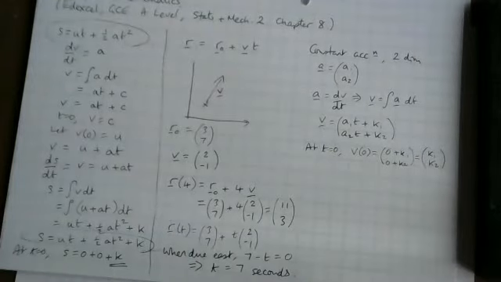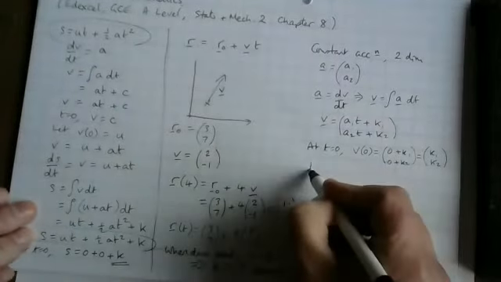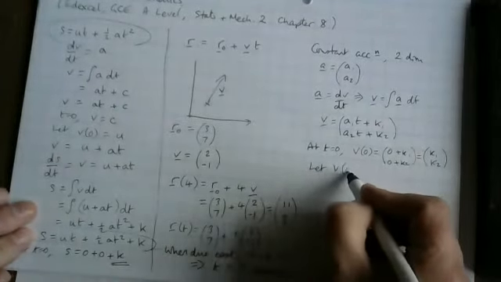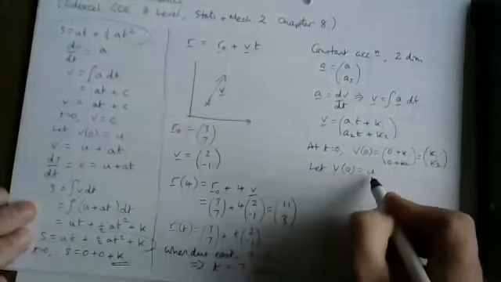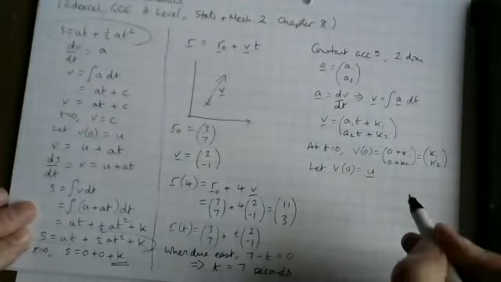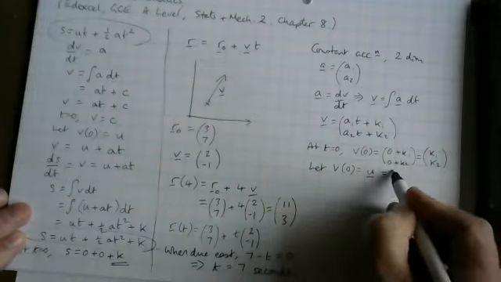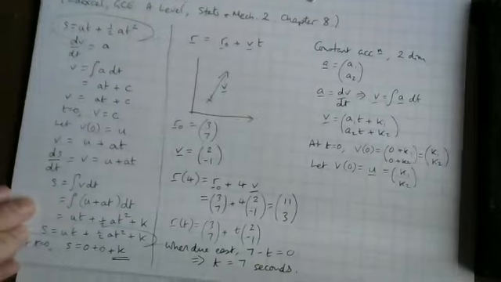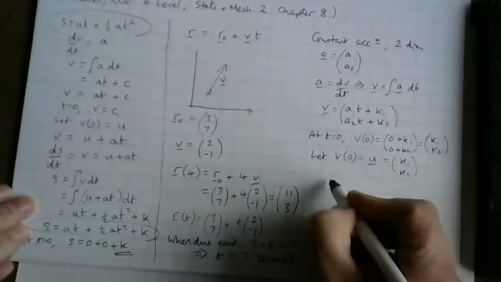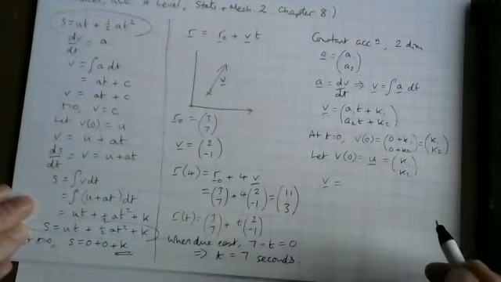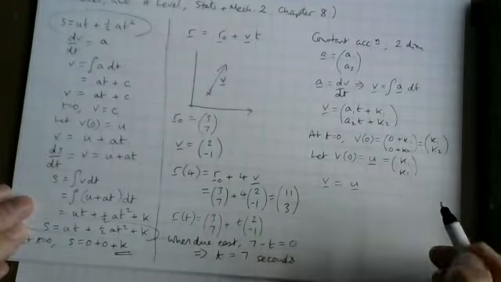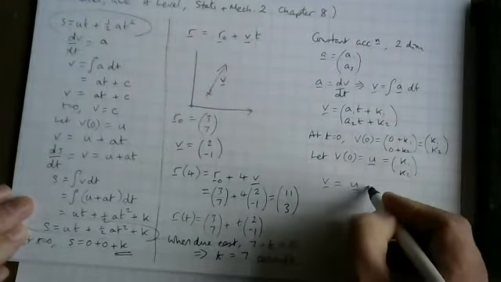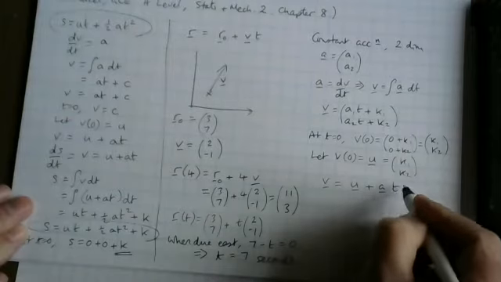Then we say, well, in that case, let's define the initial velocity. Let v of 0 equal u, and then u equals (k1, k2). And now we get the familiar v equals u, the initial velocity, plus a t.